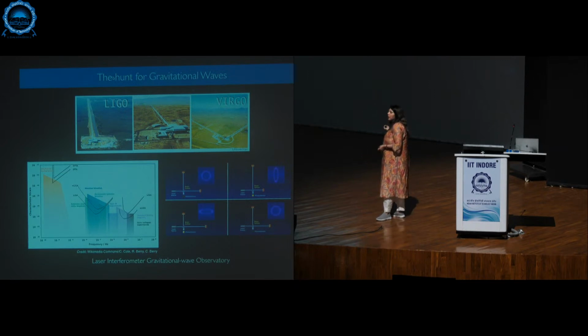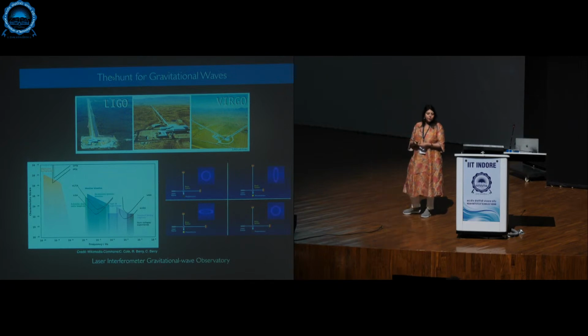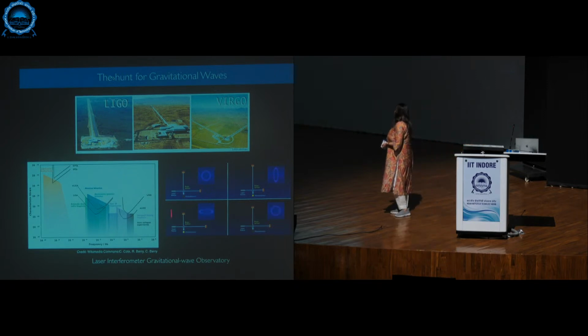So you can imagine how difficult it would be to detect this kind of gravitational waves. And of course, the search was on for 100 years, but with a rapid development in technologies, the sensitivity got better and better. So from LIGO to advanced LIGO, and you can see advanced LIGO was already in the band of detection of these compact objects.